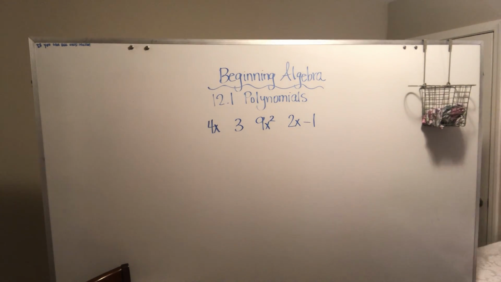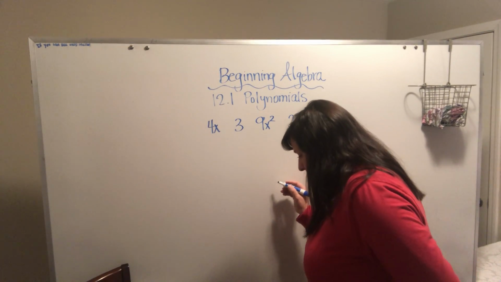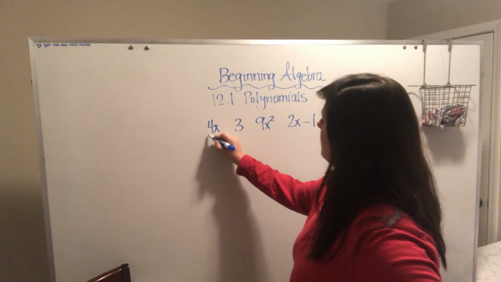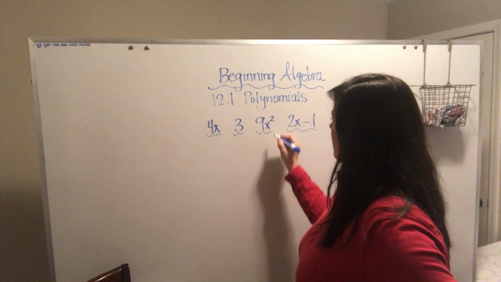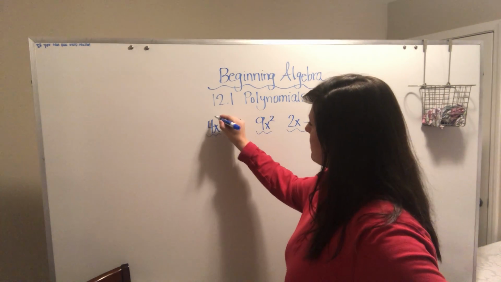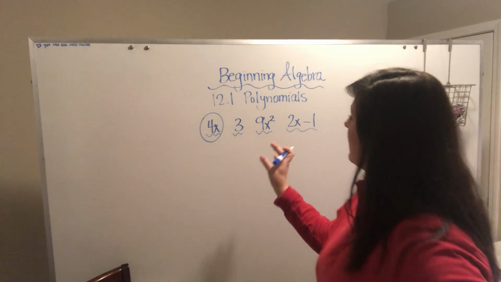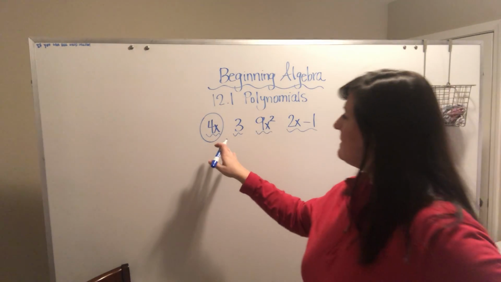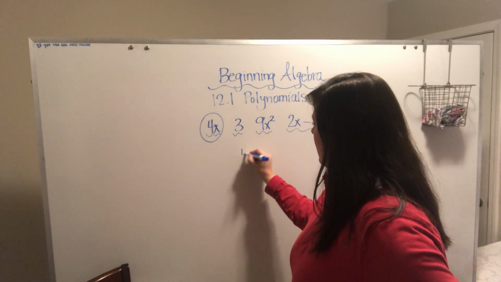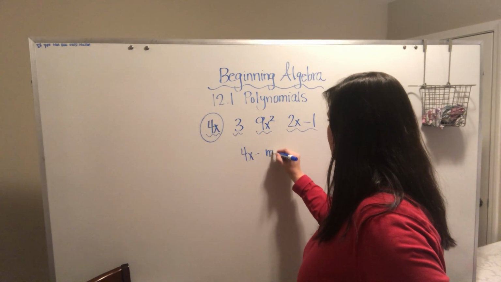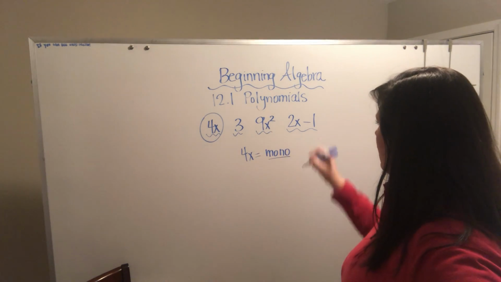We're looking at polynomials, meaning several terms. Each one of these would be called a term, right? Now, if it's just 4x, that is one term. We call that a monomial, meaning there's no signs in between that and the next one. So 4x, you recognize, is a monomial, meaning 1.